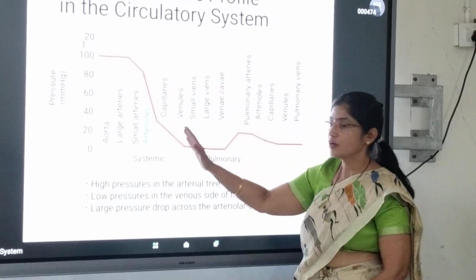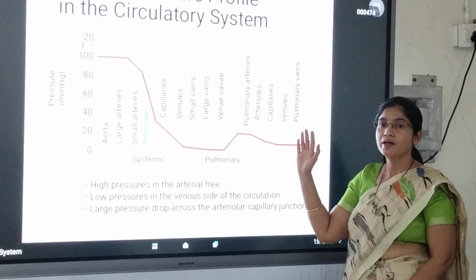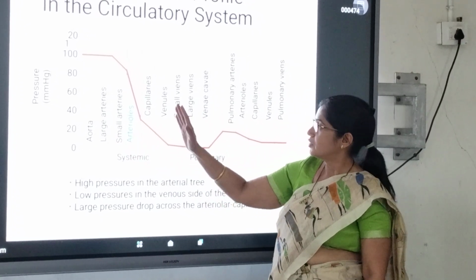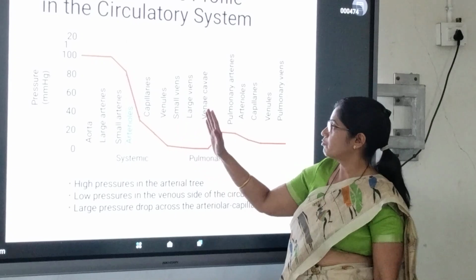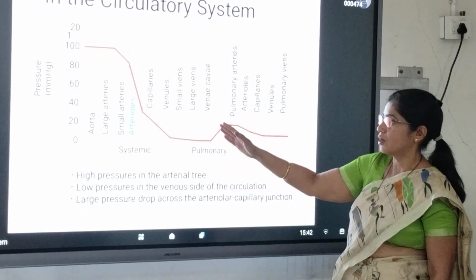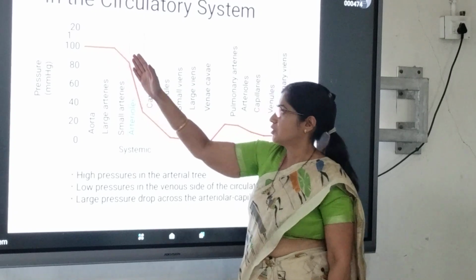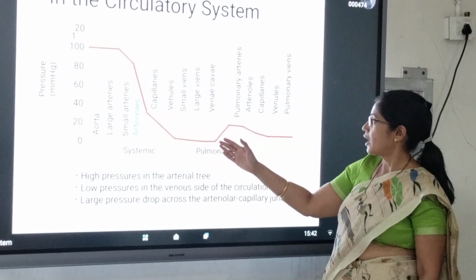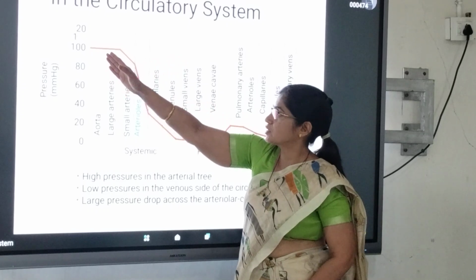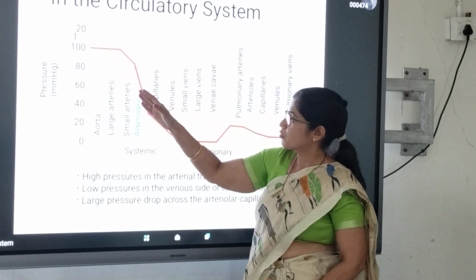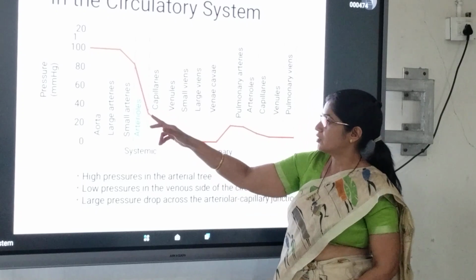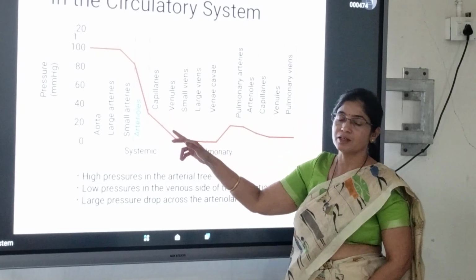When the arteries move up to the periphery, they are divided into large arteries, small arteries, then capillaries, venules, small veins, and then the vena cava. You can see the pressure in the different arteries and the venous system. From the aorta, pressure decreases through the small arteries, then the arterioles and then the capillaries. At the level of capillaries, pressure is very low.